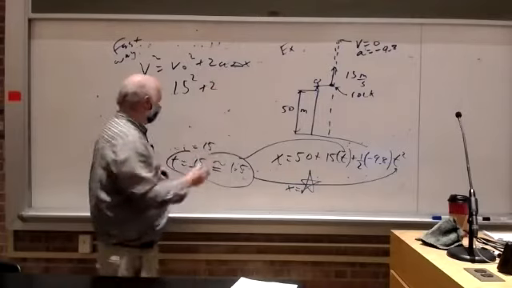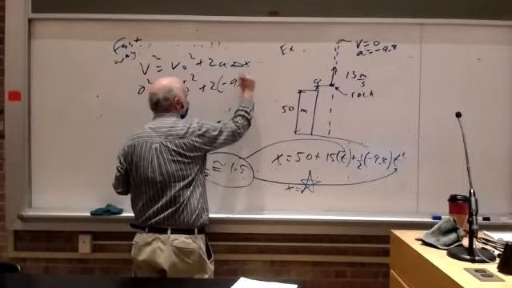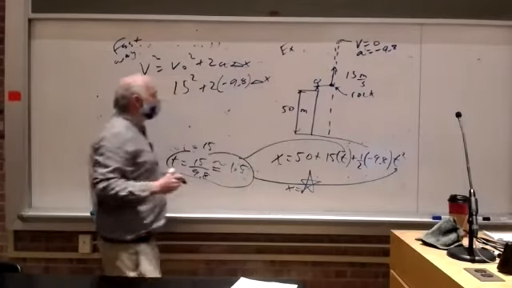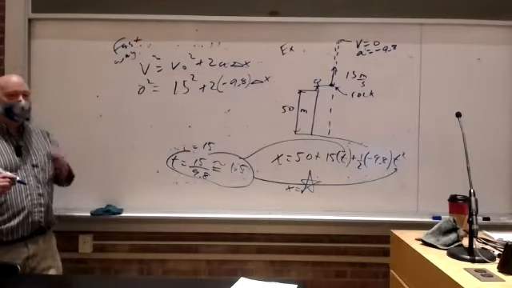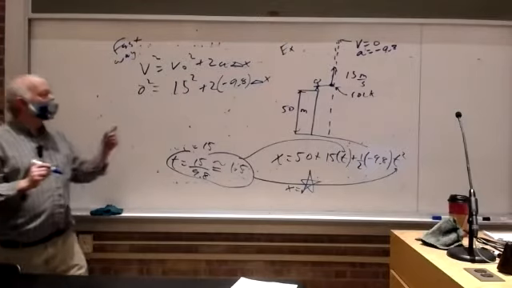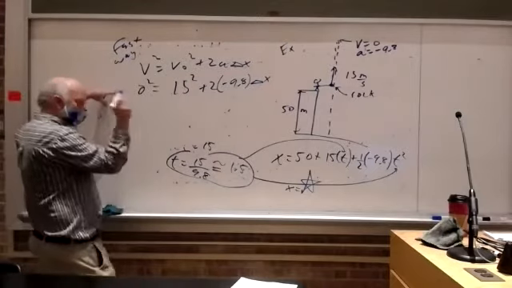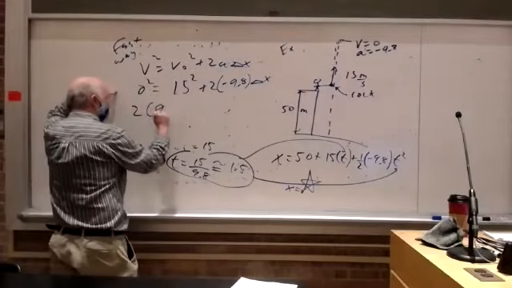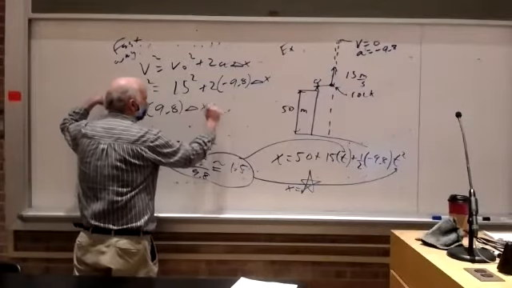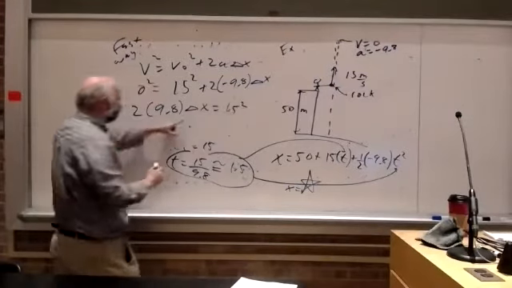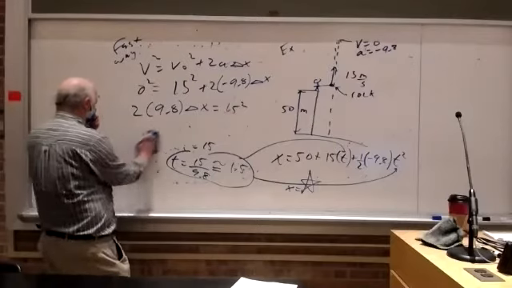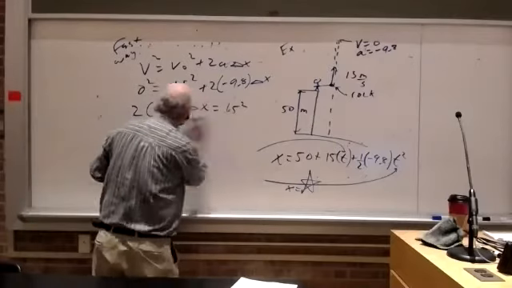Minus 9.8 delta X. Okay? So you solve it out for delta X, so I take this one to the other side, making it positive. And then divide through by the 2 times 9.8, and then that'd be my answer.